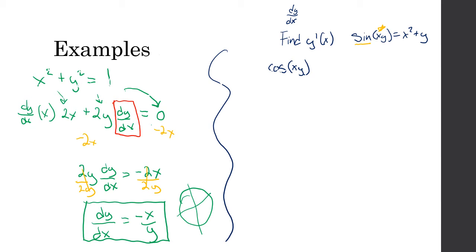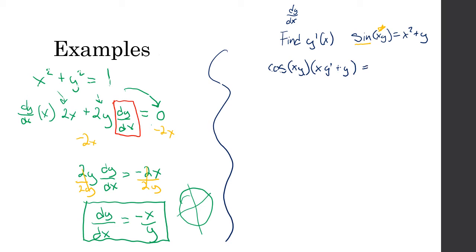But then we multiply by the derivative of the inside. Now we have xy. We take the first, x, times the derivative of the second, which is y prime, plus y, the second, times the derivative of the first, and the derivative of x is 1.